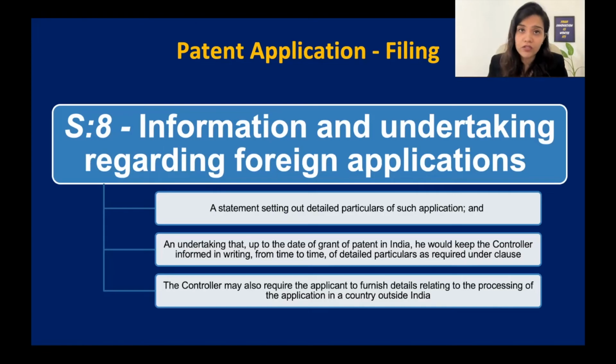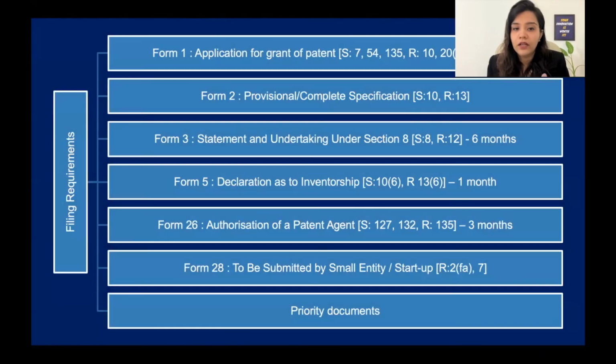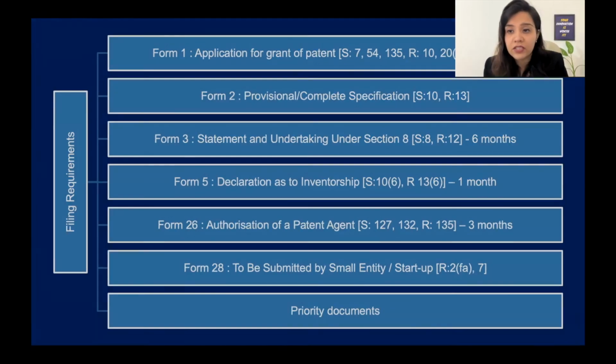So these are the parts of Section 8, and this has to be given in Form 3. Whenever we submit a patent application, Form 3 needs to be given. The timeline associated with Form 3 or statement and undertaking under Section 8 is 6 months, from the date we file the application.